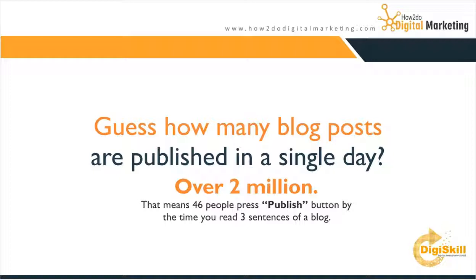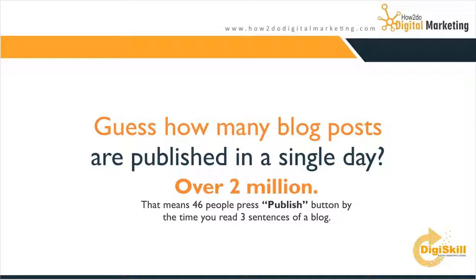Number two is that the algorithm on which Google serves the content is something which nobody knows. There are a lot of assumptions. There are a few standard practices that you need to follow, but what the exact algorithm is, nobody knows.